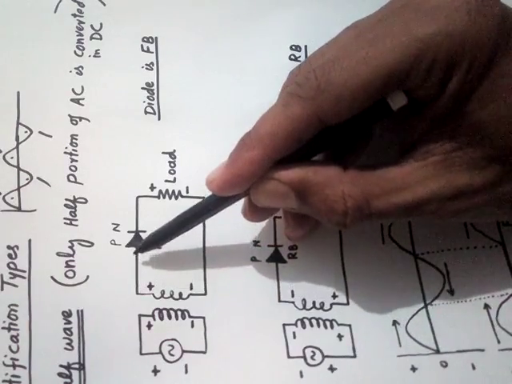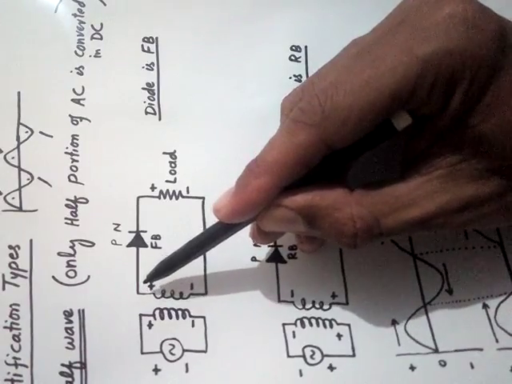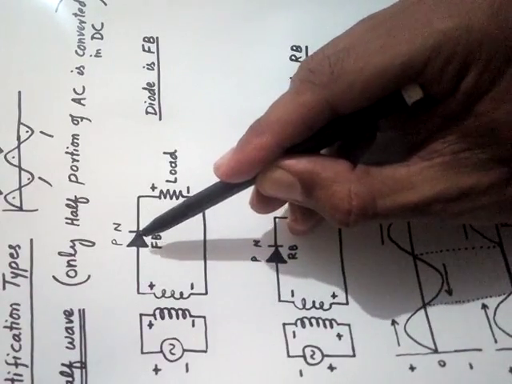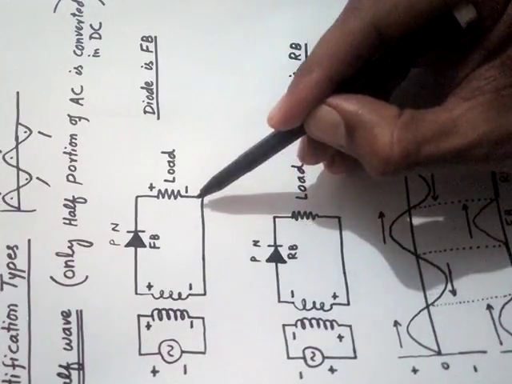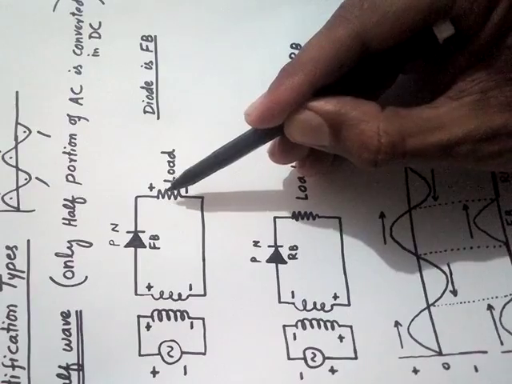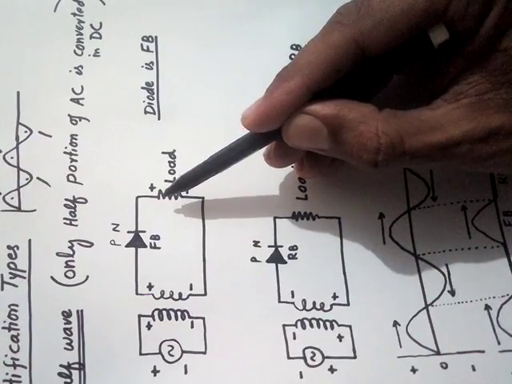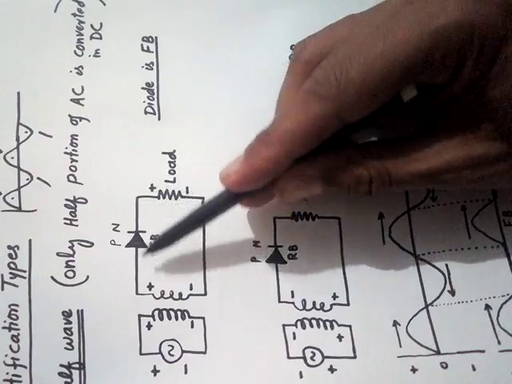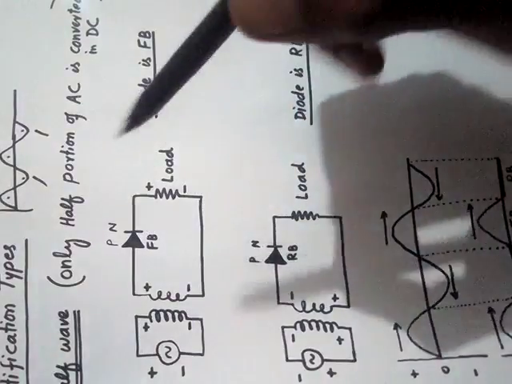From one terminal of the output of this transformer coil, we connect a diode. The other terminal is connected with a load, which may be a resistor or a fan or a bulb or any other thing. Now you can see that this is the complete loop, this is the complete circle.